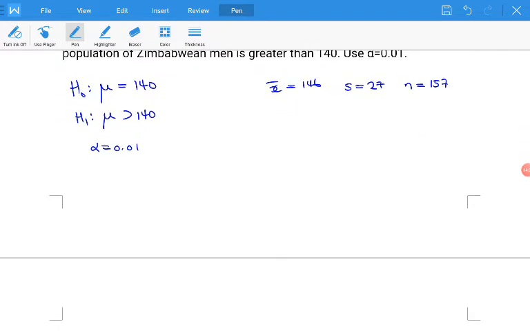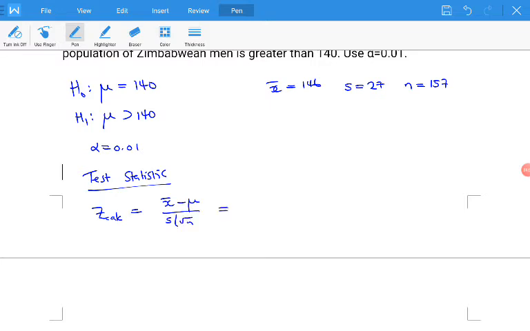So now we calculate our test statistic. Z calc is equal to x bar minus mu over s over root n.